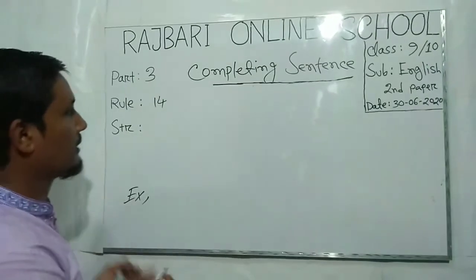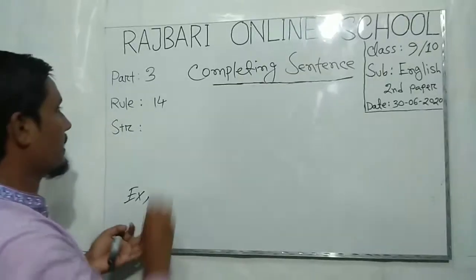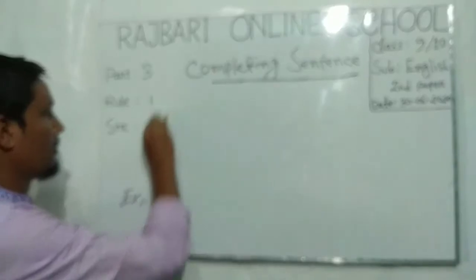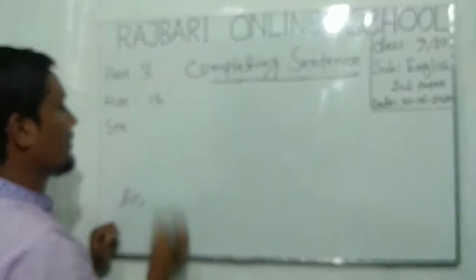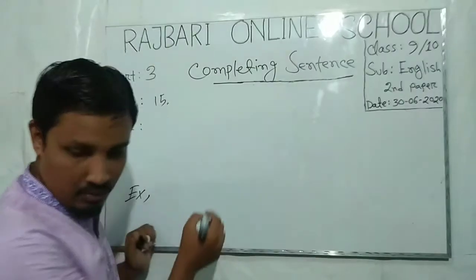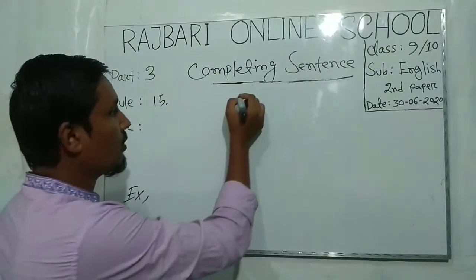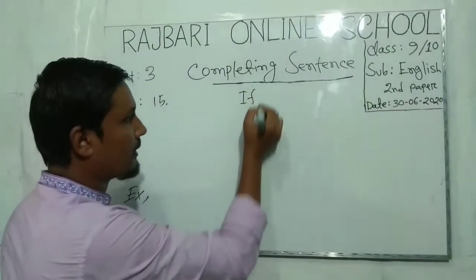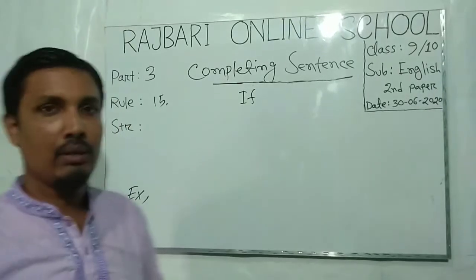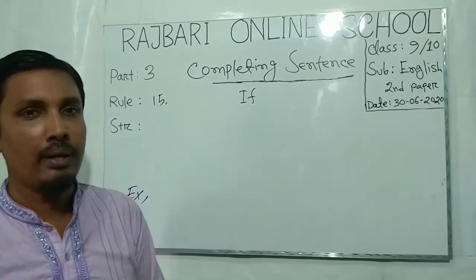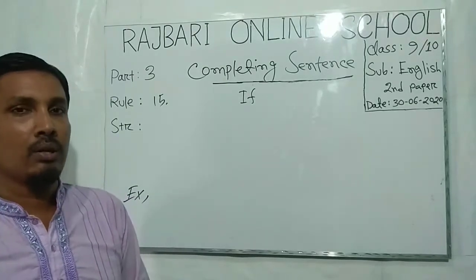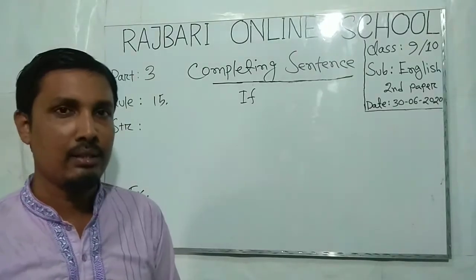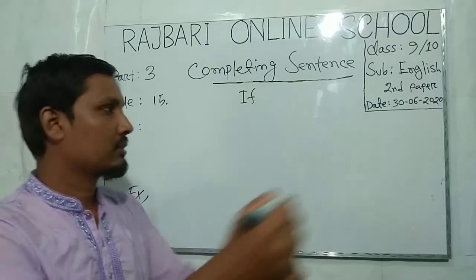This is the last and final rule for completing a sentence. Okay, do you know about the word if? Can you understand? Have you seen this word? Okay, I am telling you about the word and sentences and rules. Try to understand.